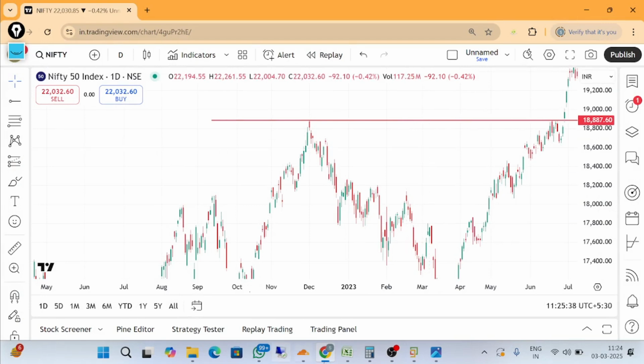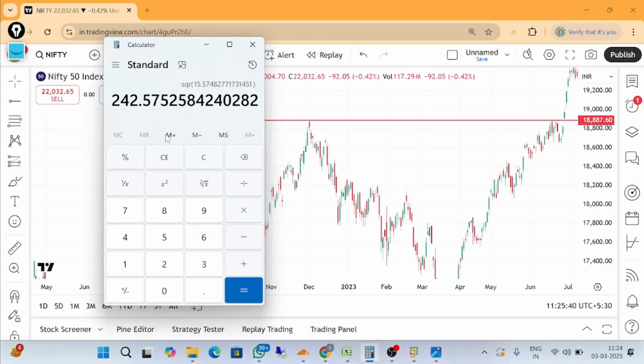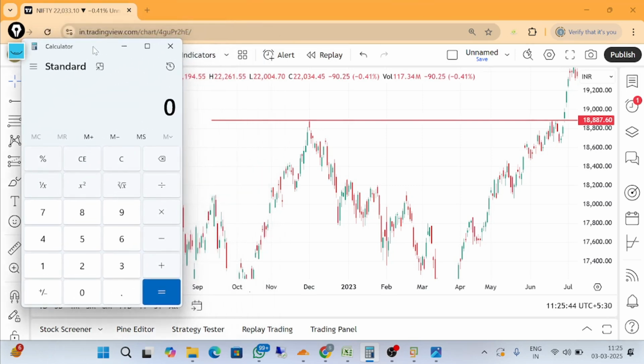So what we have to do is open up the calculator. First of all, make the 5-digit number a 3-digit number. So 18887.60 divided by 100. Now you got the 3-digit number.